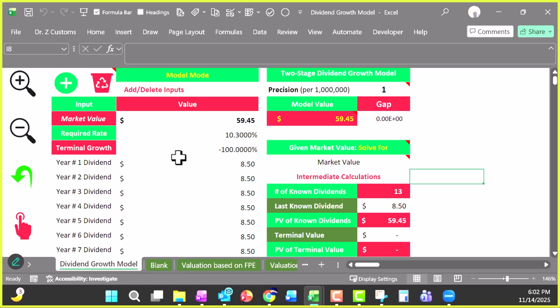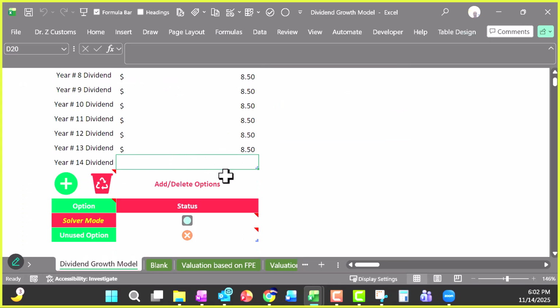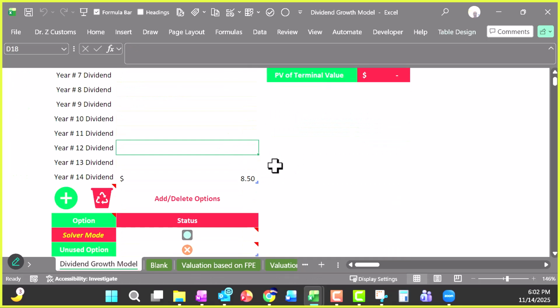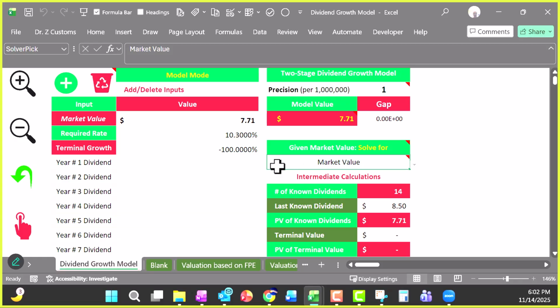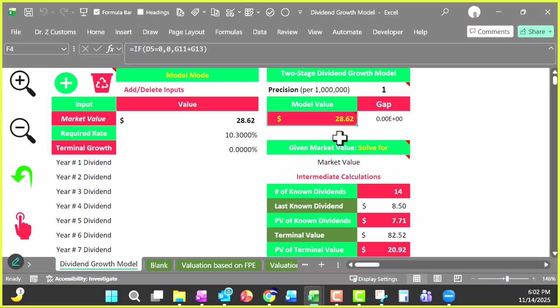If that's the case, I'm going to add one more year of dividends. I know year 14 is going to be 8.50, but the first 13 years are going to be zeros, right? But this time, terminal growth is zero because starting year 14, I'm paying 8.50. After that, I'm going to keep it the same. So that security would be worth 28.62, for example.